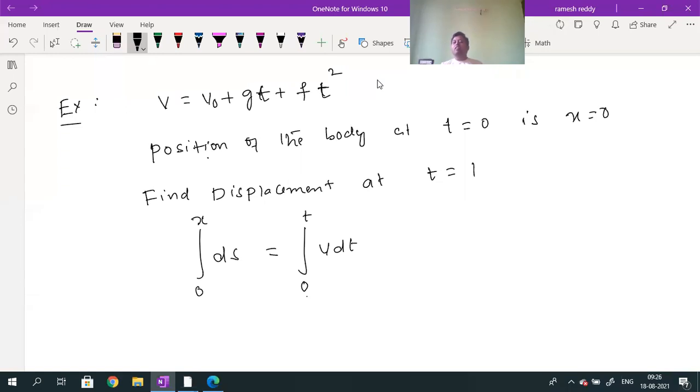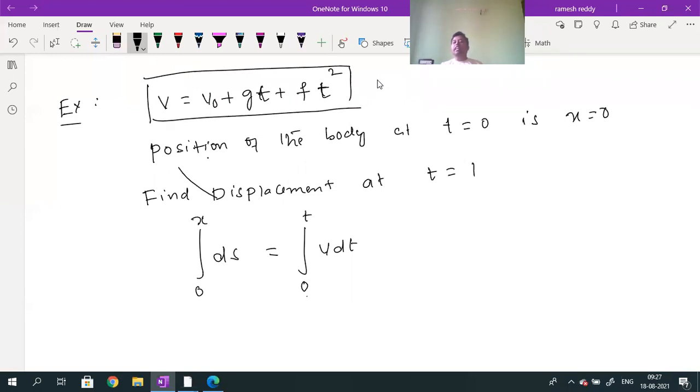Understood? They will not give you the limits; you have to write the limits. This question was given in JEE. My intention is not to discuss the JEE question, but to show the equations for non-uniformly accelerated motion.